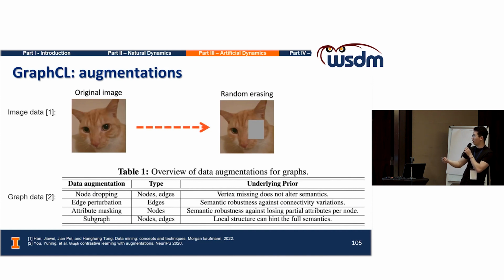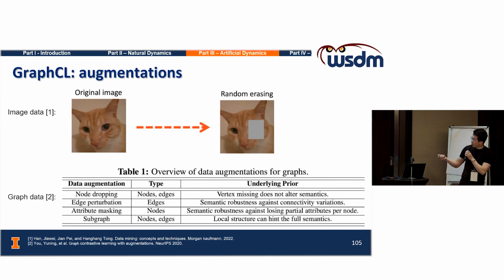The first is node dropping. As the name says, it randomly drops a part of the nodes from the given graph. The second is edge perturbation. This includes the drop edge technique we just introduced, but it also randomly adds some links to the given graph. The third one is attribute masking, which means zeroing out a part of the node feature matrix.